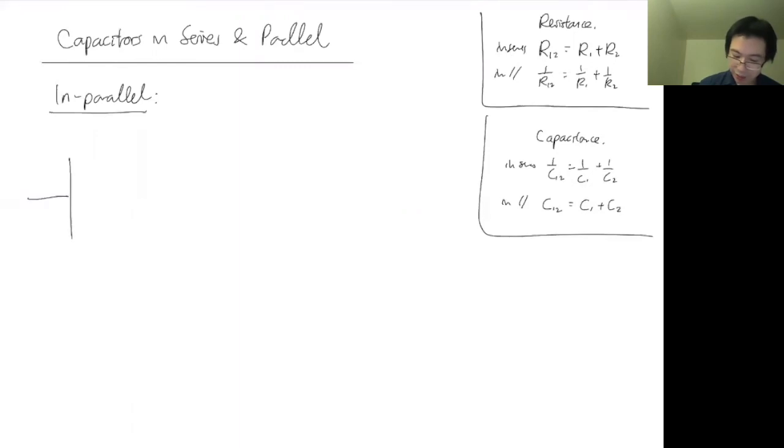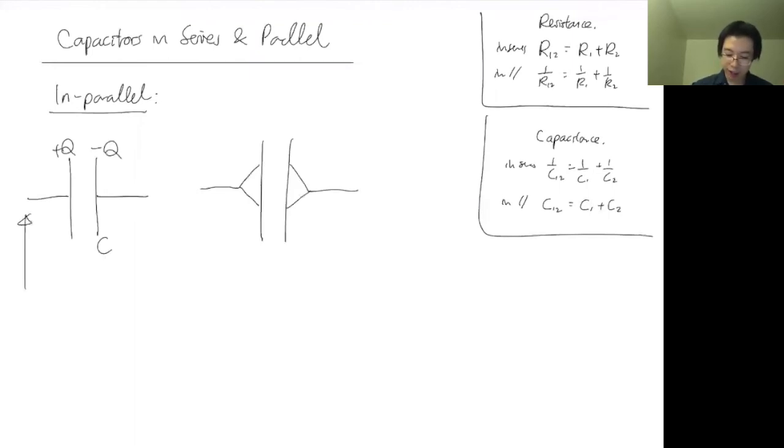Is this? So think about, if I have a capacitor like this, and I want to take a piece. First of all, I will split my wires like this to connect the two plates like this. So I haven't changed anything, right? So this is C, this is plus Q, this is minus Q. There's a certain potential difference given across them like this. All is good here. Nothing really changed so far.